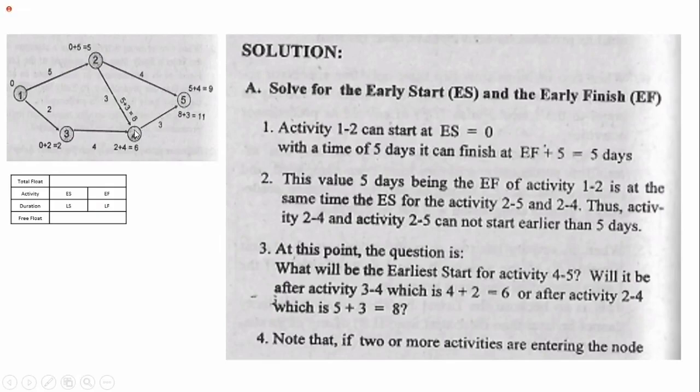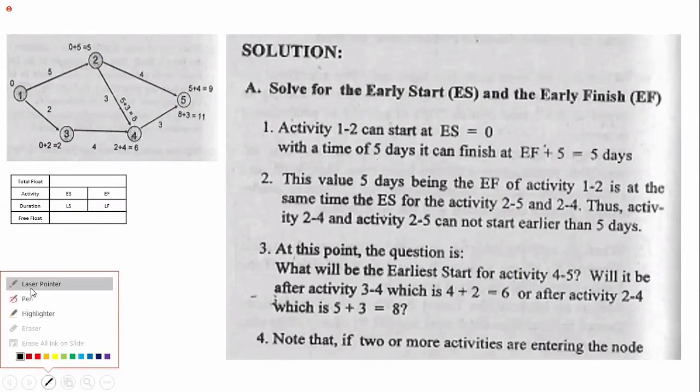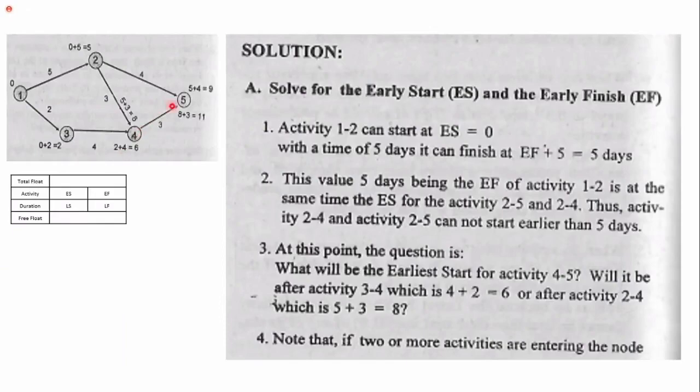Which is larger, 8 or 6? So the early start should be 8, the largest value compared to 6.